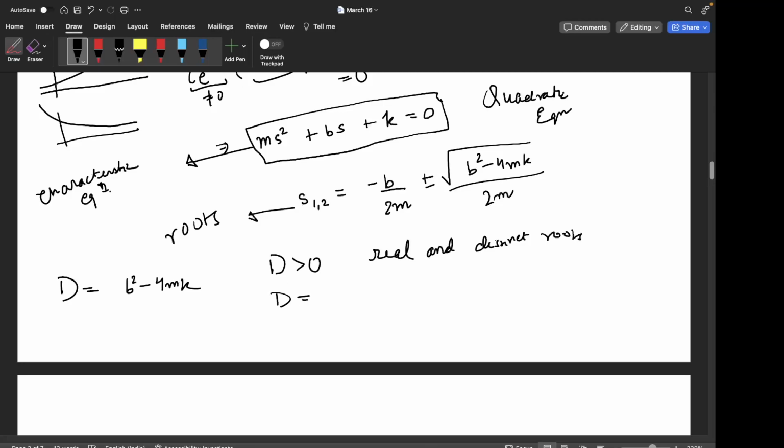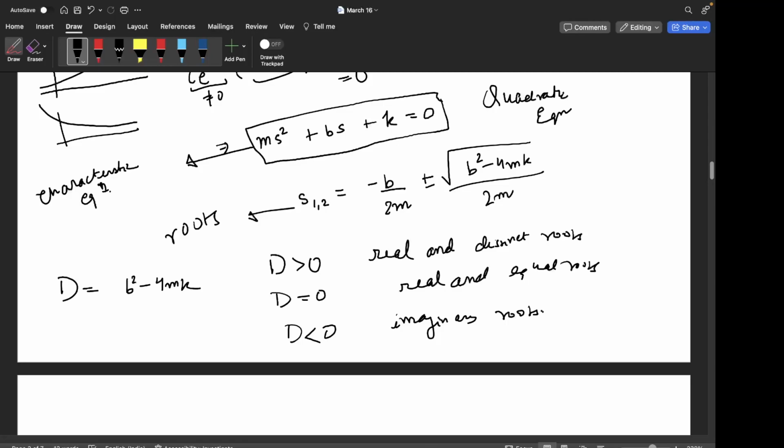If D is equal to 0, we have real and equal roots. And if D is less than 0, we have imaginary roots. Cool.